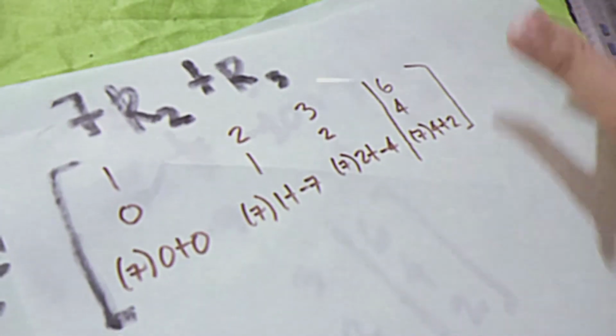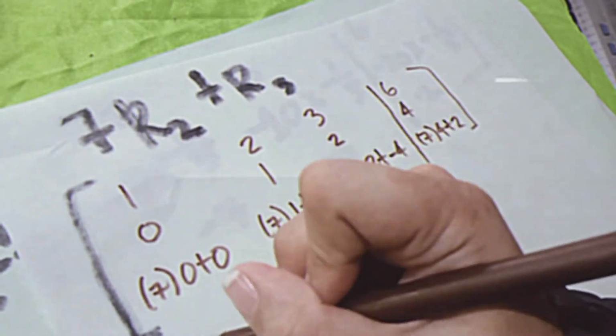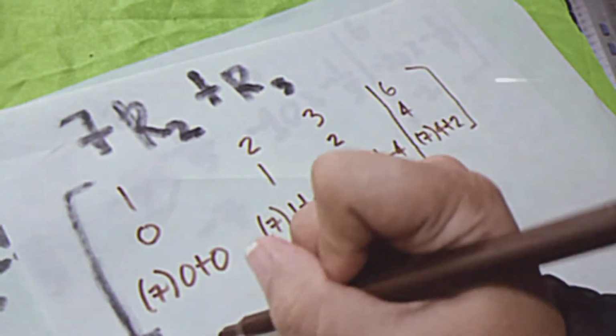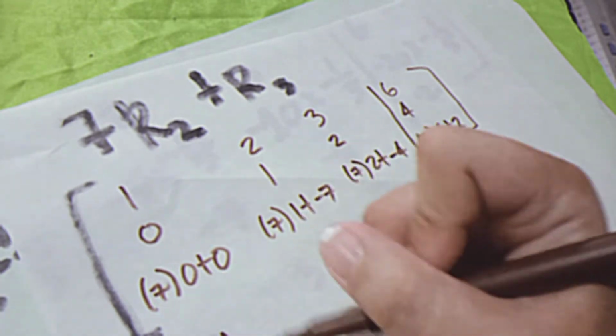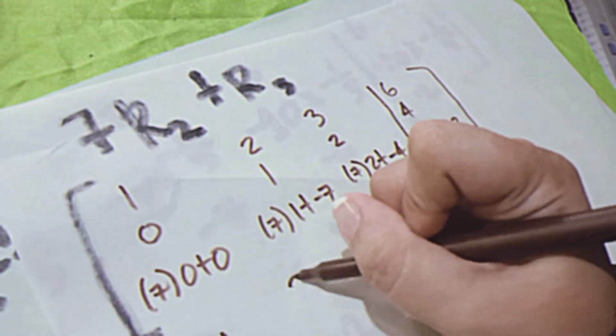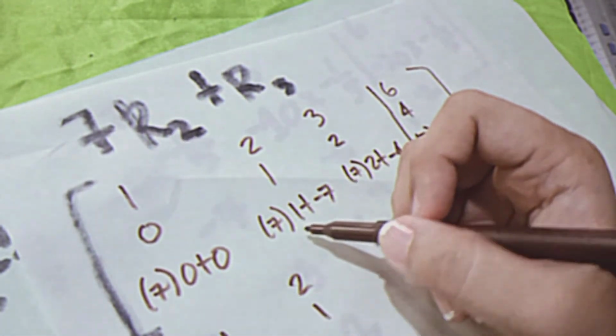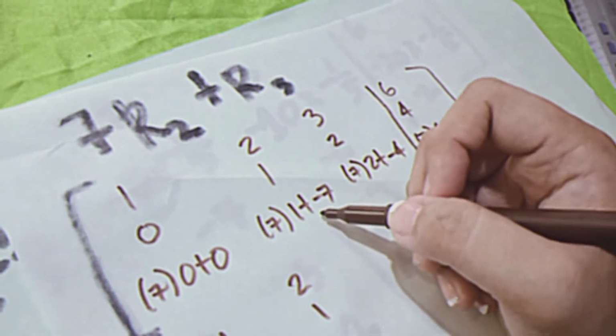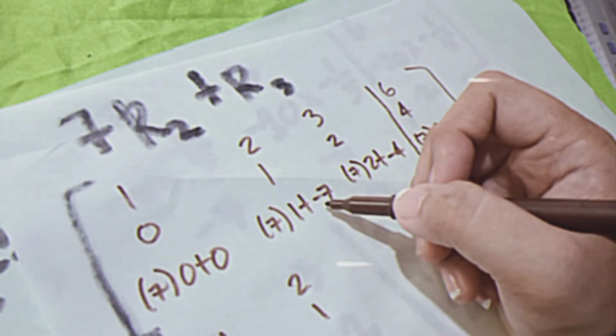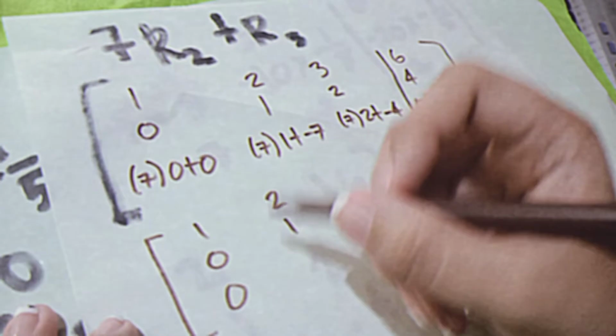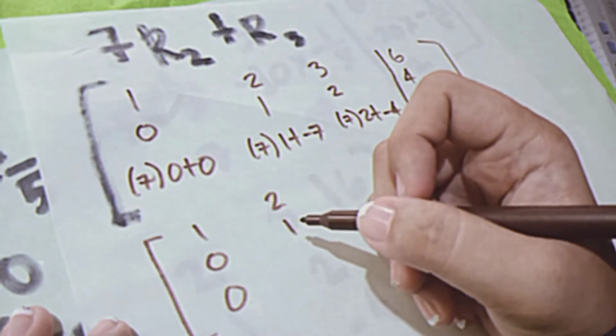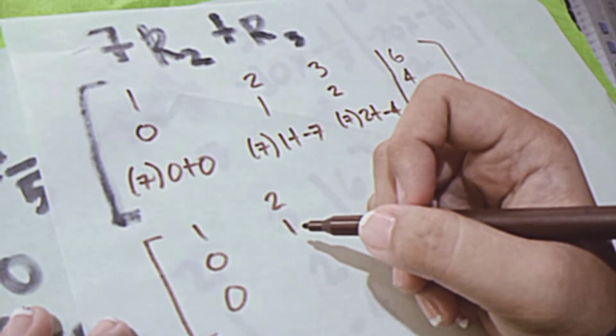So, multiply na natin siya. 1, 0, 0 naman yun. Then, 2, 1. So, 7 times 1 is 7 plus negative 7 is 0.